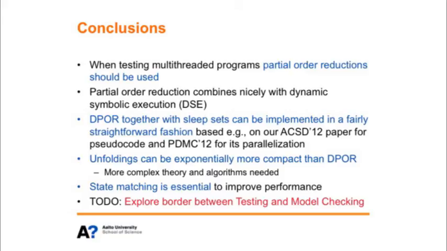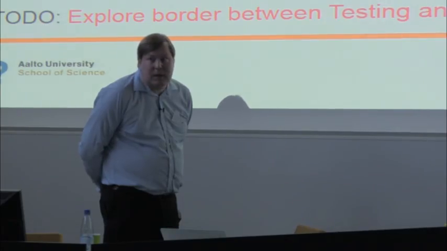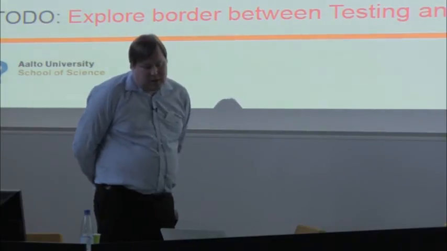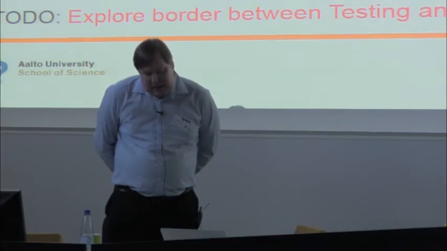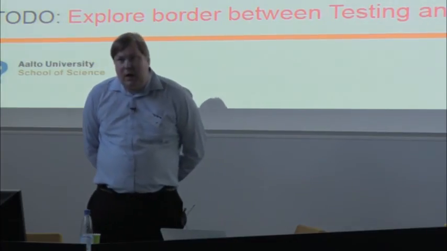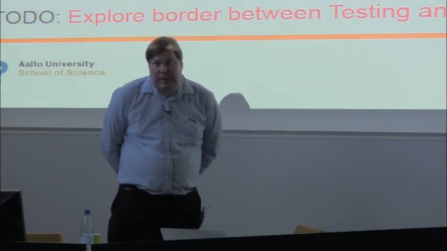So, when testing multi-thread programs, partial order reduction should be used, is my thing. They combine nicely with dynamic symbolic execution. You can take a look at our papers if you want to implement DPOR. It should be easy to implement based on those.